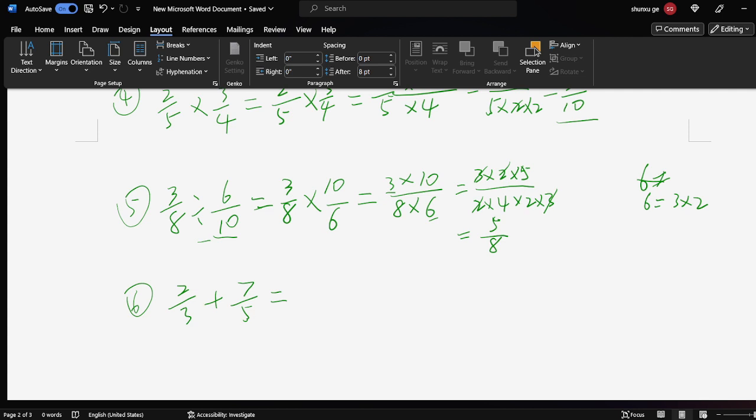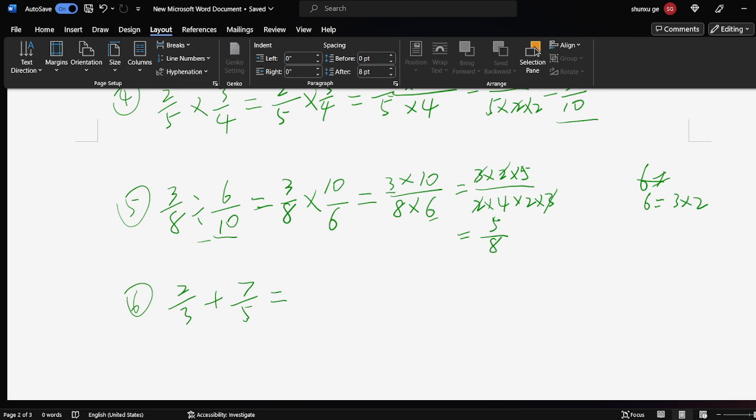Meanwhile, we also observe that the denominators are different. So according to the rule, we should make the denominator the same. Then I will explain to you why we must make the denominator the same. First I calculate it, then I give you the explanation. If you still don't understand, you can write a comment so I can make a new video for you.